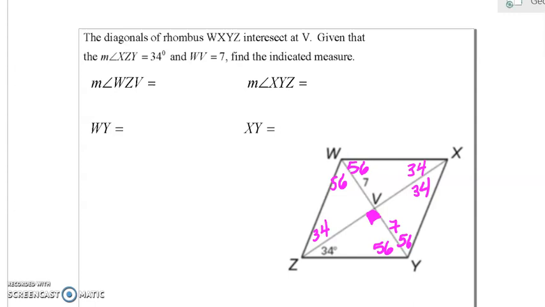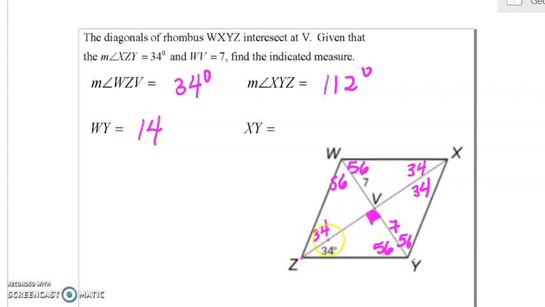So your WZV should be 34. And your XYZ should be 56 times 2, 112. And your WY should be very easy. That's 14.